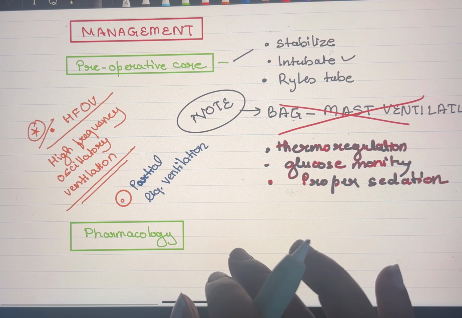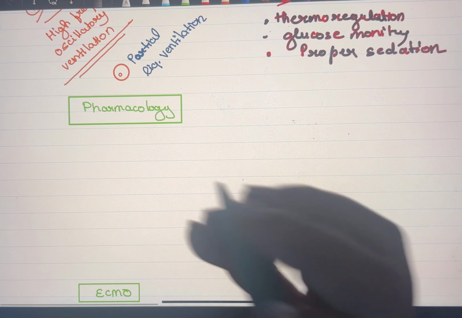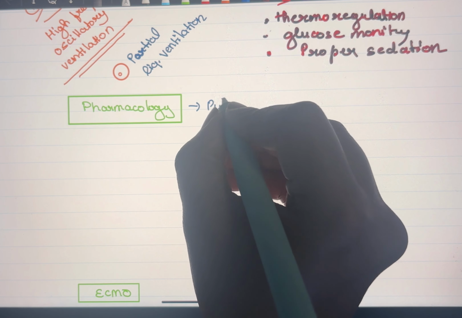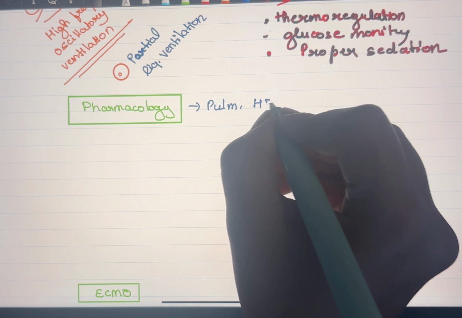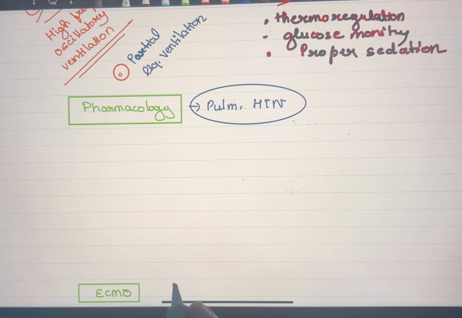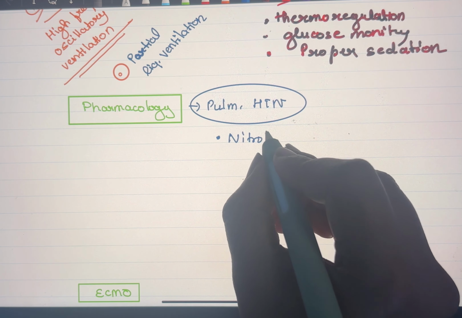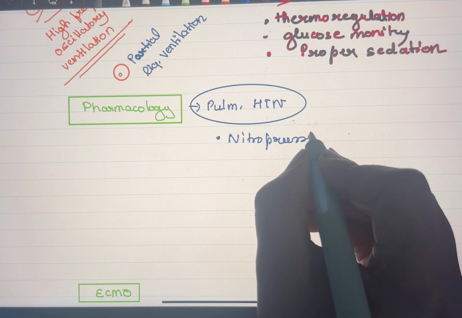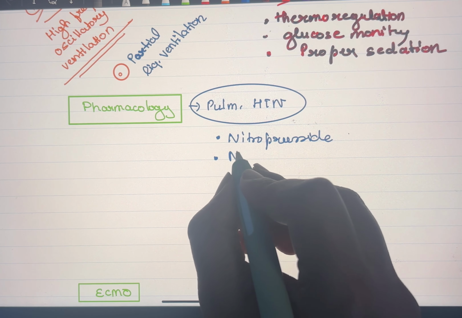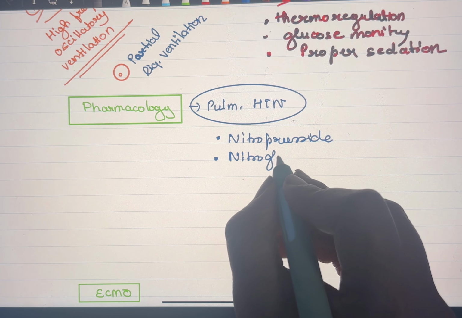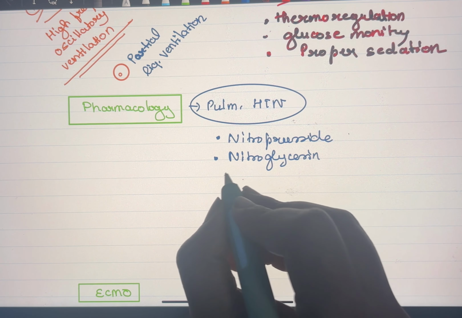Now, what is the pharmacology to improve pulmonary function? The patient has pulmonary hypertension. What are the drugs that you can use to decrease the pulmonary hypertension? One is nitroprusside. Then we have nitroglycerin. We have captopril.